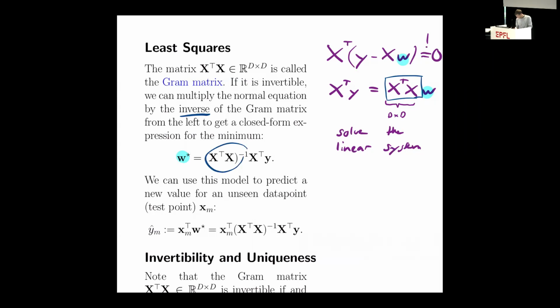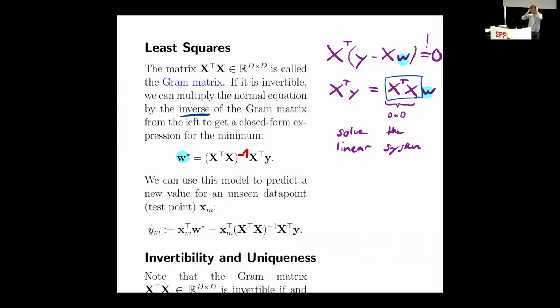We just invert it, and that's one way to directly solve for the best W. So the matrix gets inverted, and then here is this thing on the right side. Here it's on the left, but in a linear system, we call that the right-hand side vector. Okay, then now we have the perfect W, so that's a solution to the problem.